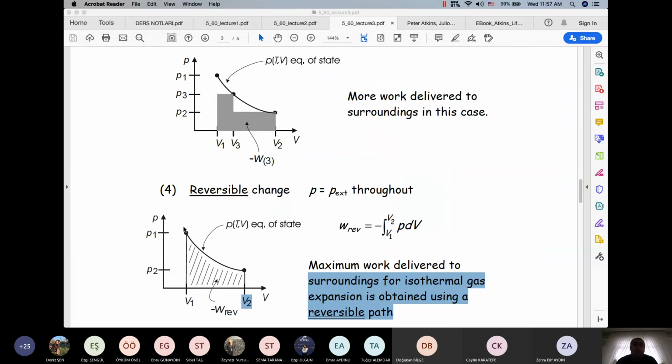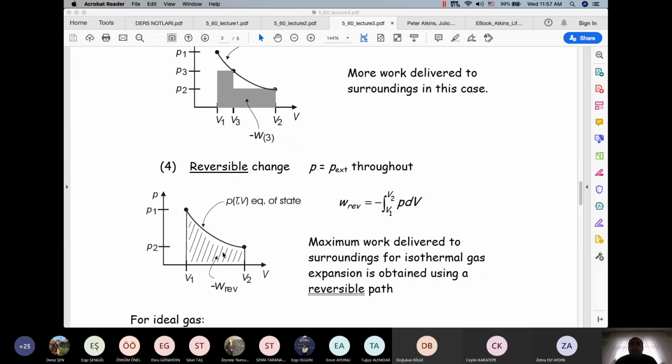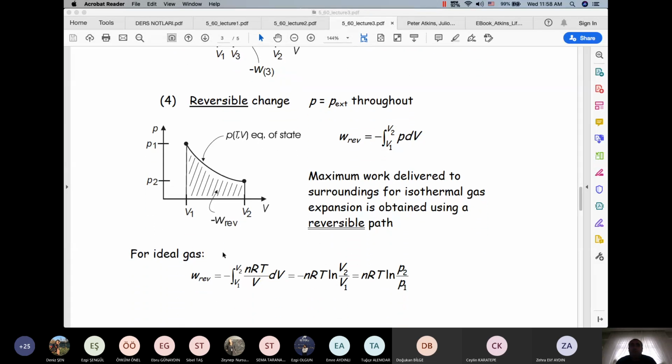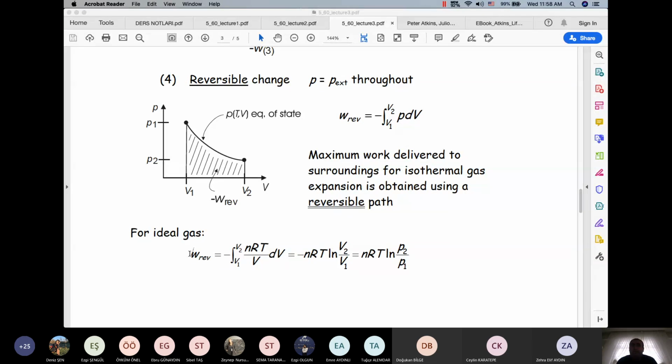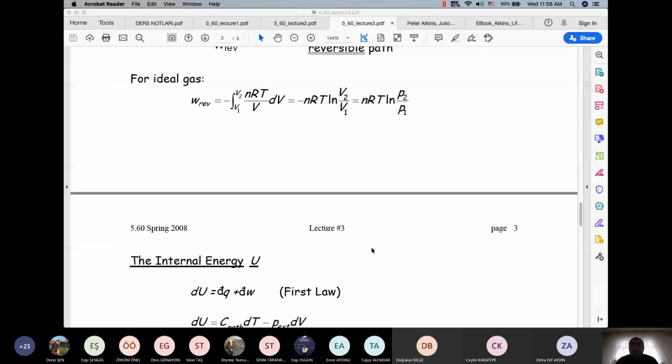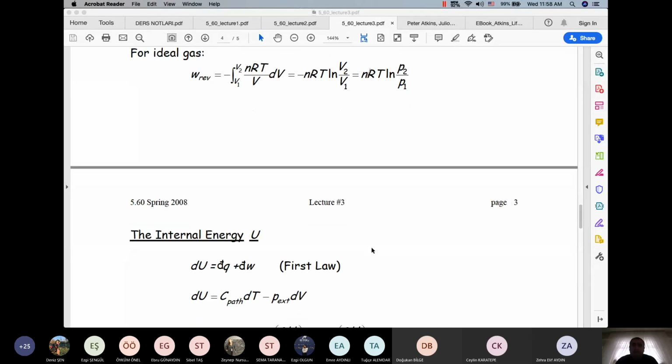So for ideal gases, this is the equation of state, PV equals nRT, or P equals nRT over V. So for ideal gases, in the reversible expansion process, you end up getting this much work, which is the maximum work you can get for such a transformation.